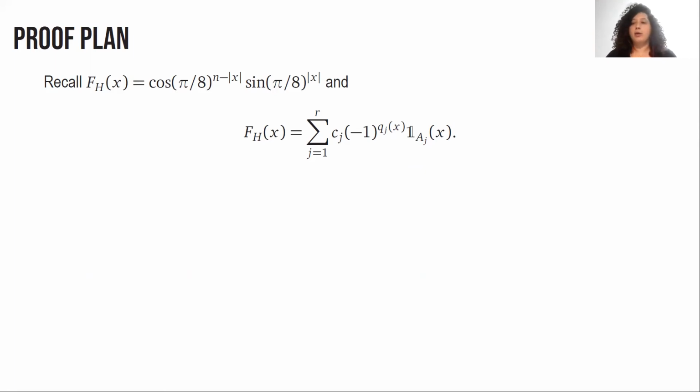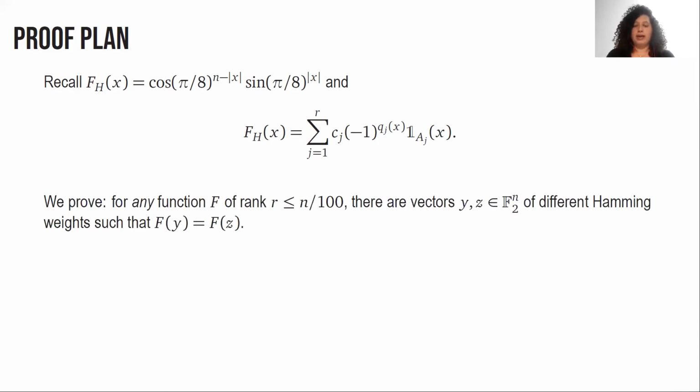And the only thing we need to notice about it is that whenever we take x and y that have different Hamming weights, the value of f of h on x and y are different, okay? Because the function only depends on the Hamming weight of the vector, but for each weight, the function is indeed different. And we want to ask what is the minimal R such that f of h has such a representation.